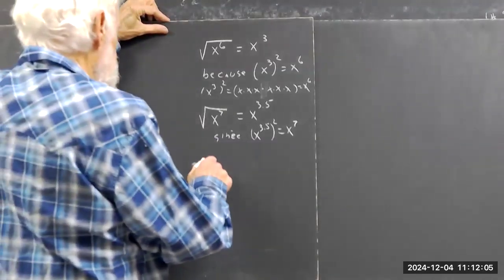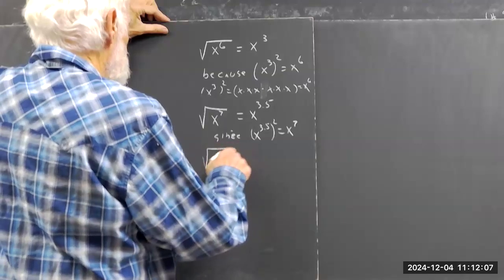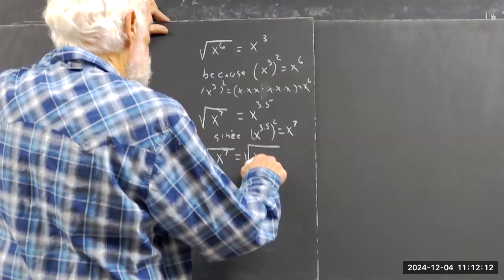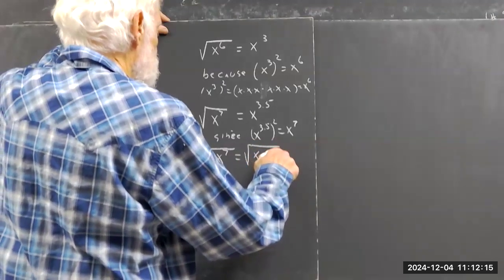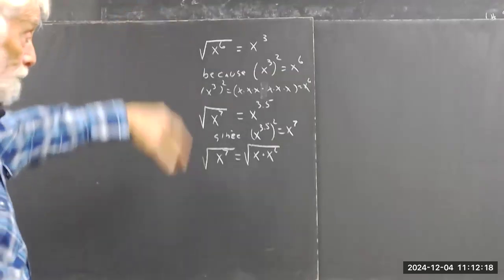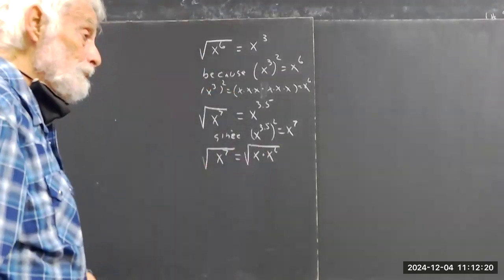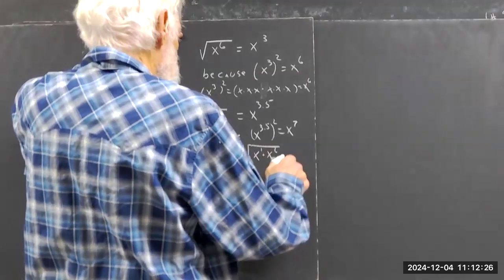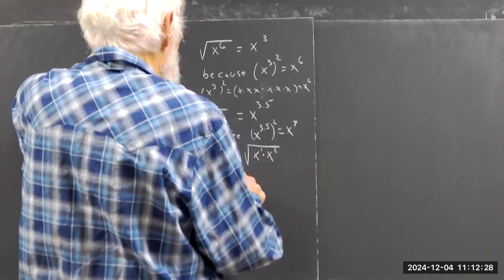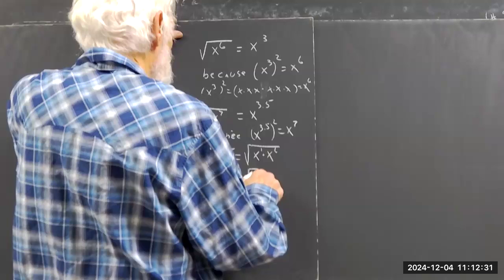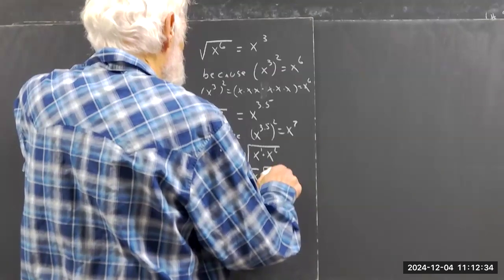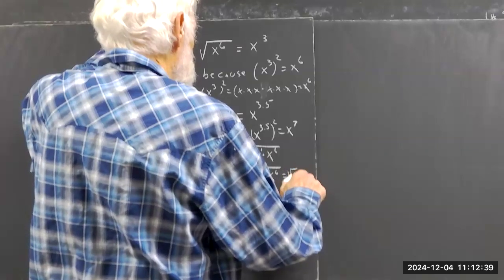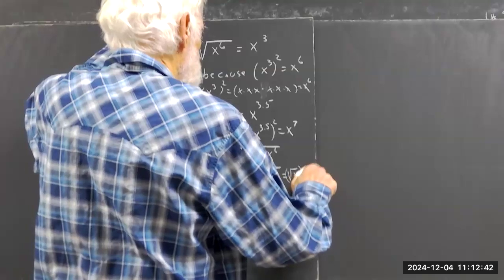So let's see. We've got the square root of x to the seventh. That's the same thing as the square root of x times x to the sixth, right? Because that's x to the 1 times x to the sixth. Which is equal to the square root of x times the square root of x to the sixth, which equals the square root of x times x cubed.